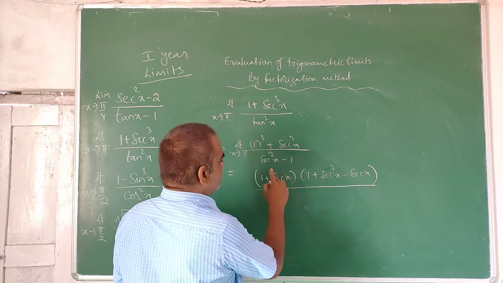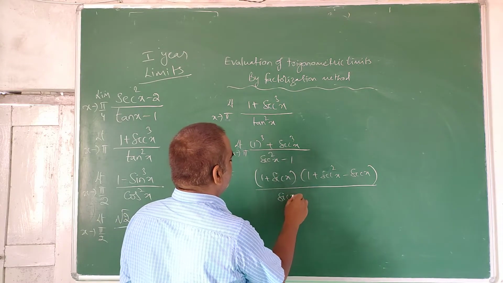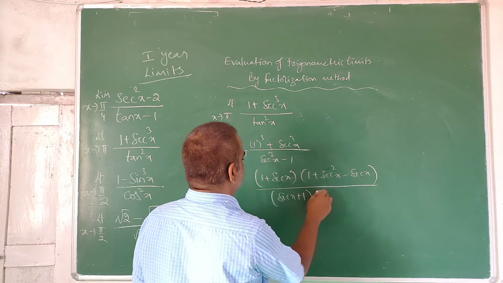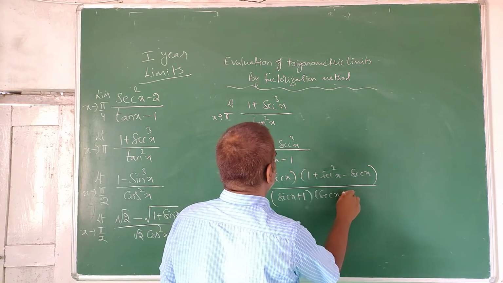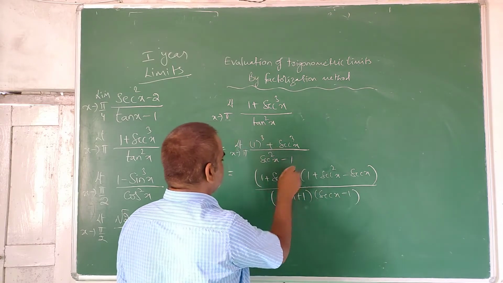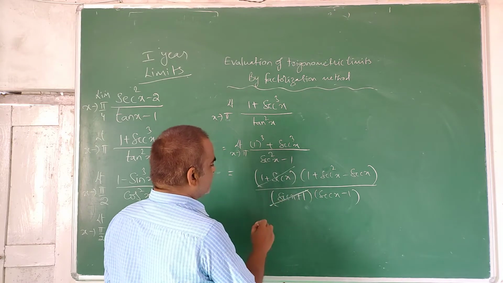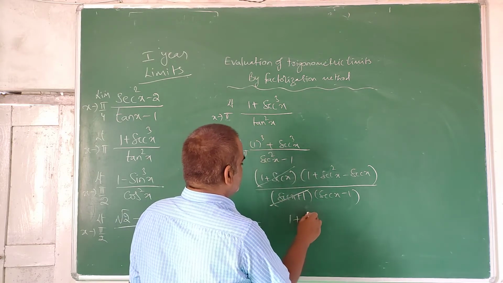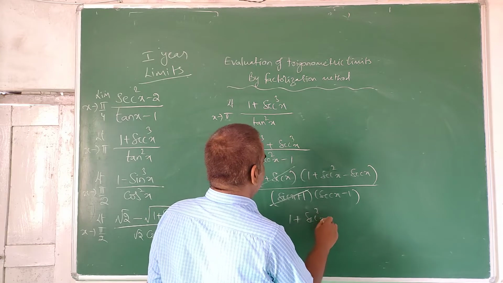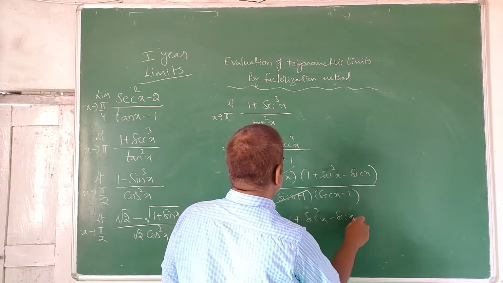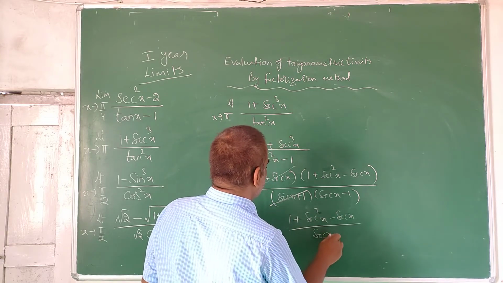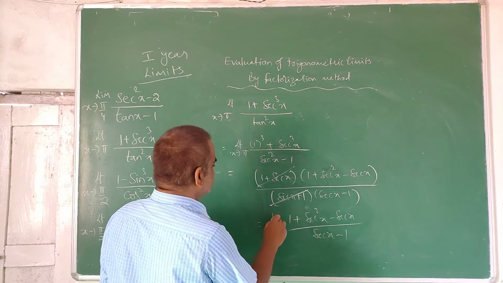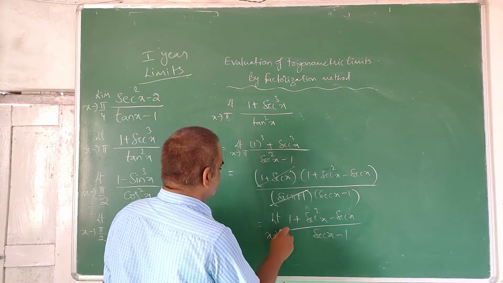This is a squared minus b squared, (a plus b) into (a minus b), (secant x plus 1) into (secant x minus 1). So then this secant x plus 1 gets cancelled. So (1 plus secant squared x minus secant x) by (secant x minus 1) as limit x tends to pi.